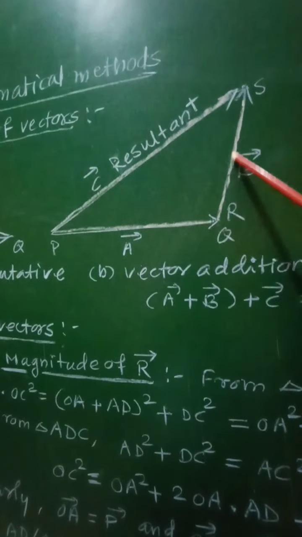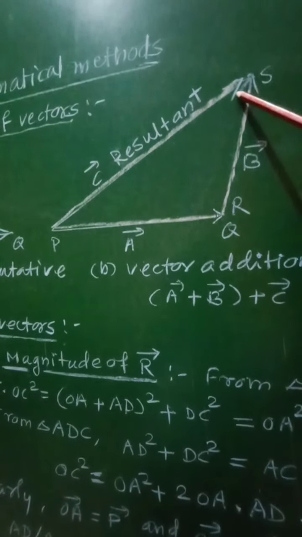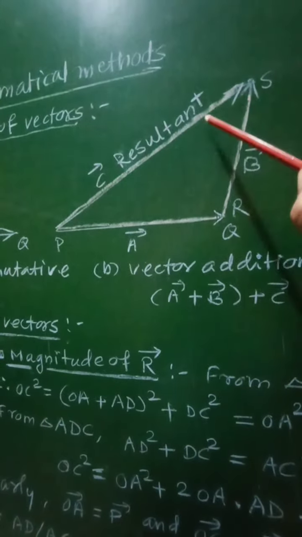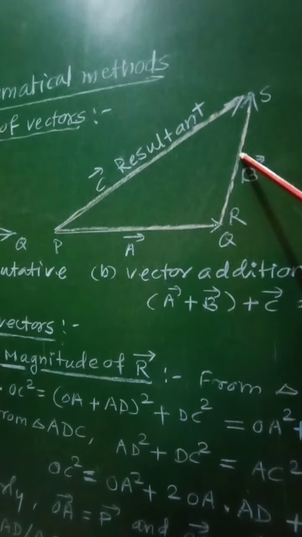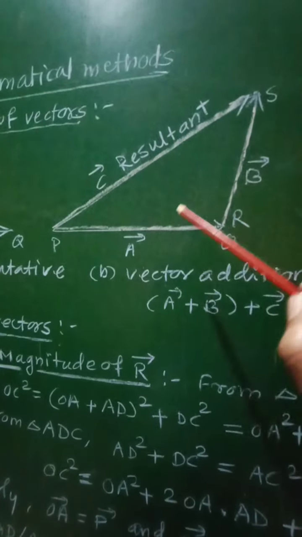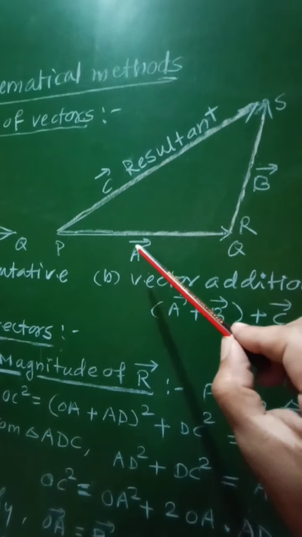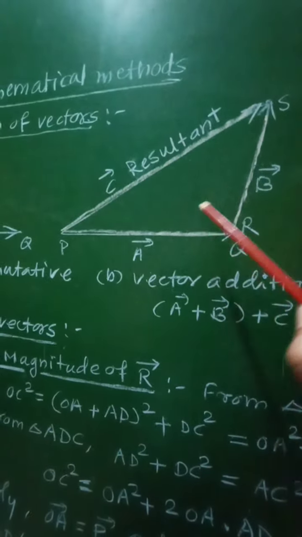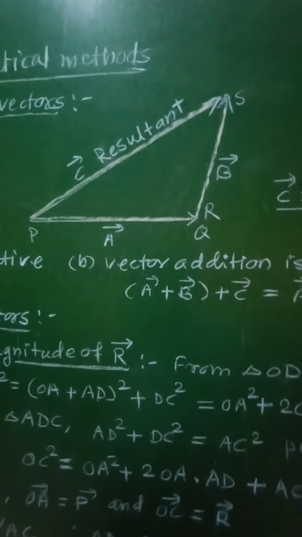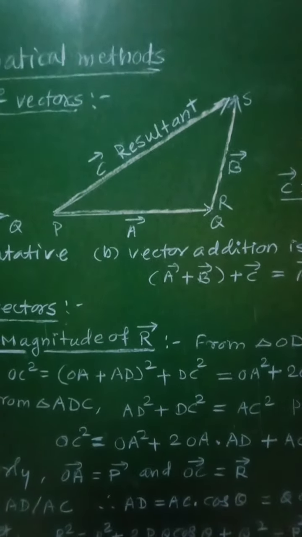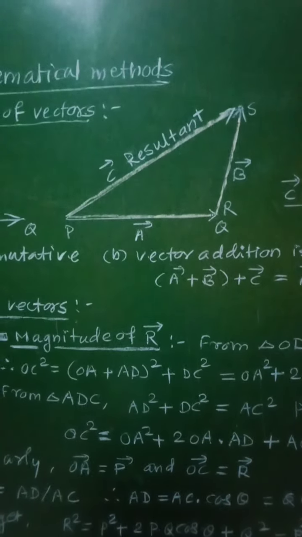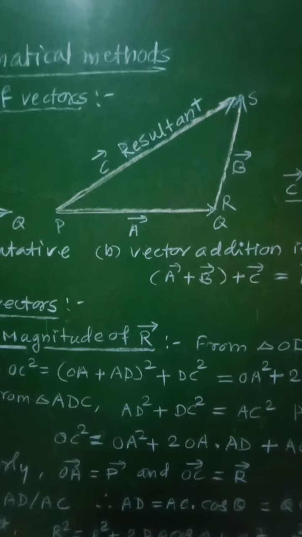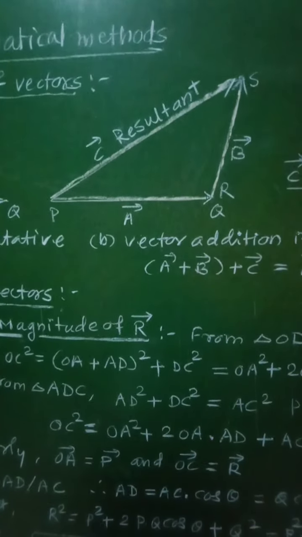The first vector is drawn from R, the second vector is not drawn from S, but it is again meeting at S, and therefore these two vectors are also not taken in order. So from this triangle only vector A and vector B are taken in order, so that the second vector must be drawn from the end point of the first vector.